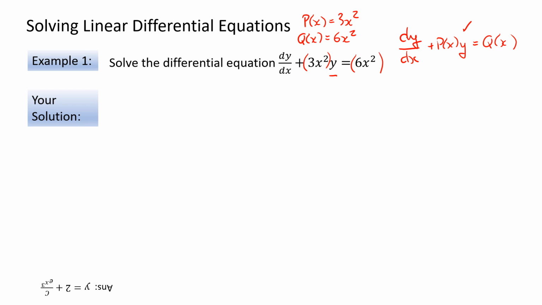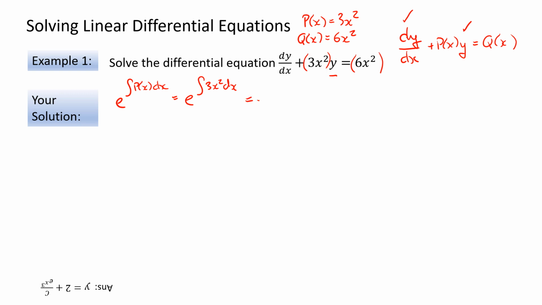The thing that I omitted to mention is that behind the dy by dx term is nothing, which is consistent with the basic version of this formula. So starting with our integrating factor, e to the integral of p of x dx is equal to e to the integral of 3x squared dx.